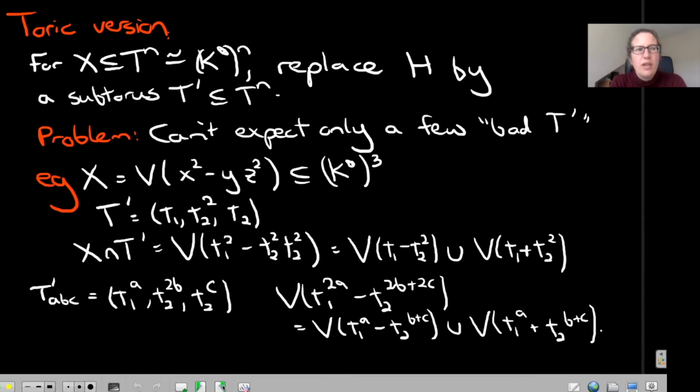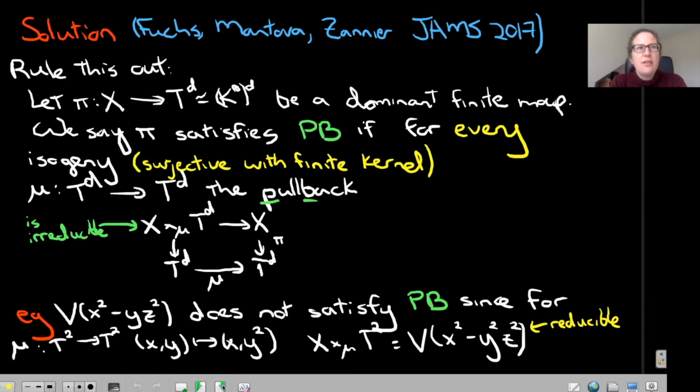Okay. Luckily for us, this had already been solved. This approach, I think, starts with work of Zannier, but the version I'll tell you about is essentially the version of Fuchs, Mantova, and Zannier, though maybe I'll soften some of their hypotheses slightly to make the presentation easier. And here's the general idea: we're going to rule out this problem.